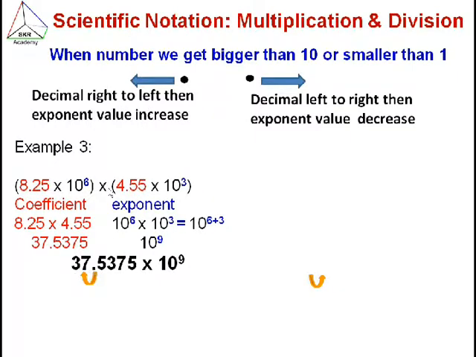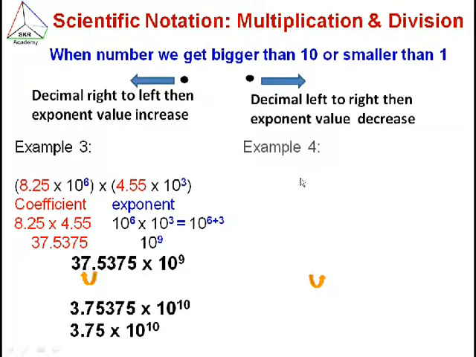When we move this decimal point from right to left, the exponent value will increase. So let's take a look. 3.75375 times 10 to the power 10, so this 9 will become 10, and according to significant figures, the final answer will be 3.75 times 10 to the power 10.